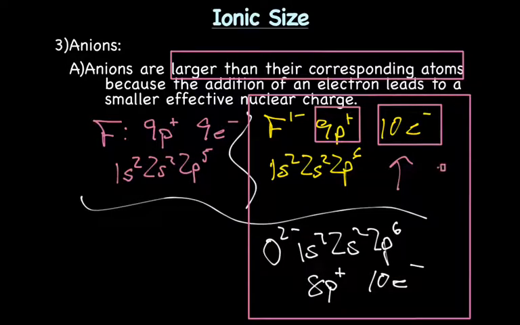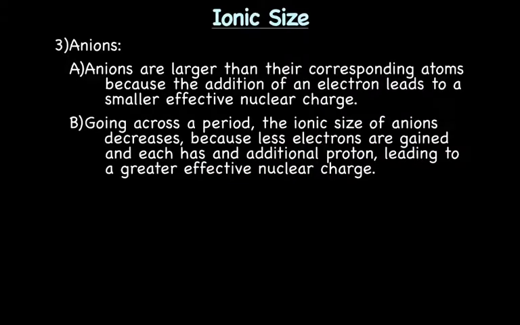So between those two, fluorine ion is going to be smaller, as it has a stronger nucleus. So going across the period, the ionic size of anions also decreases because fewer electrons are gained and each has an additional proton, leading to a greater effective nuclear charge.